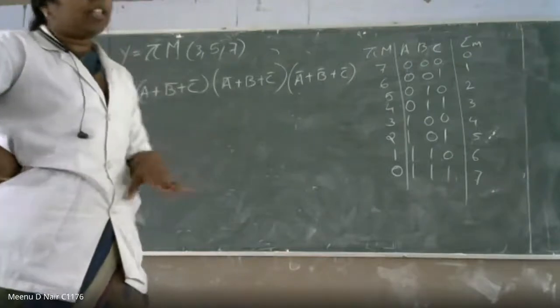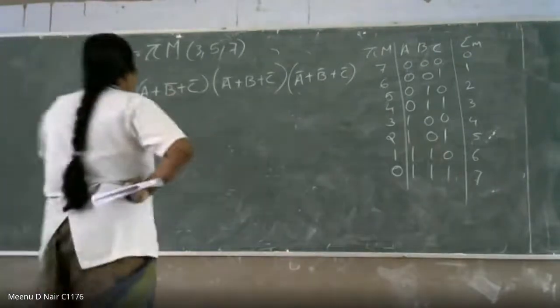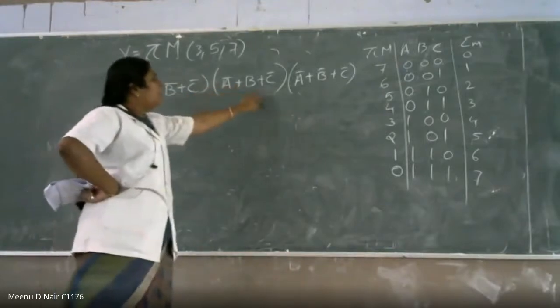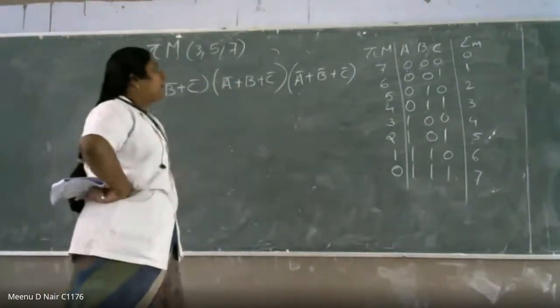Product of sum is A plus B bar plus C bar into A bar plus B plus C bar into A bar plus B bar plus C bar.